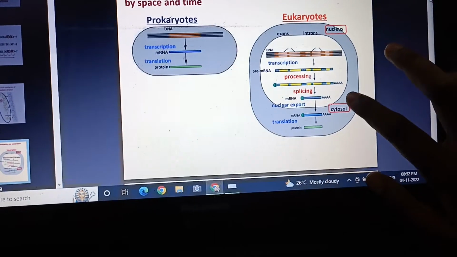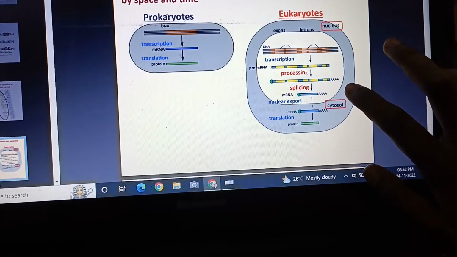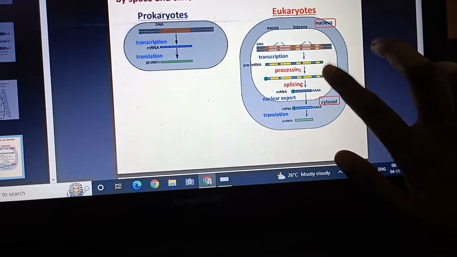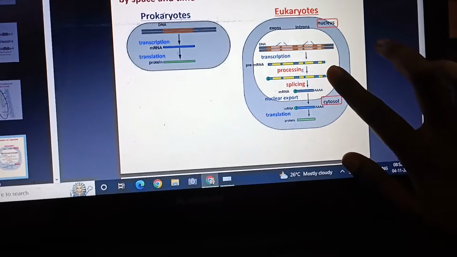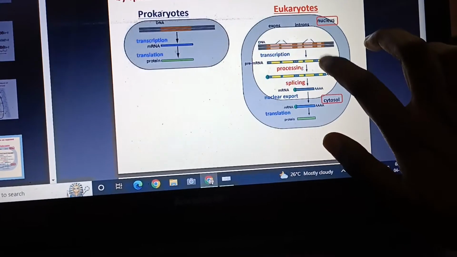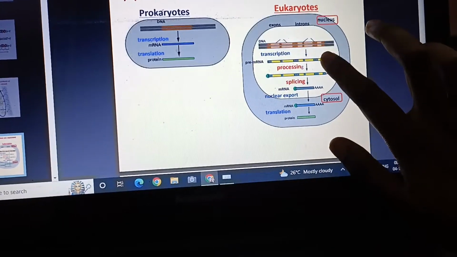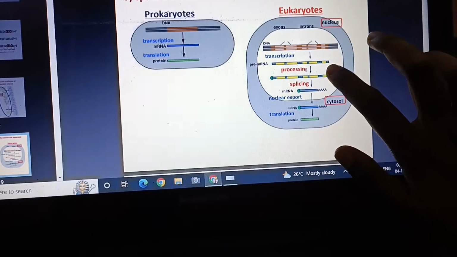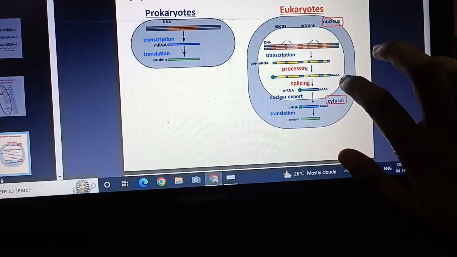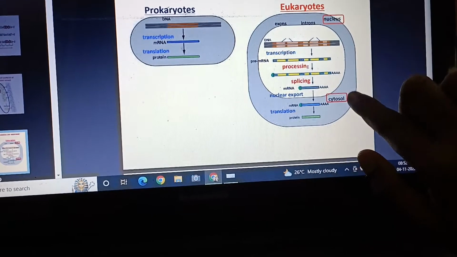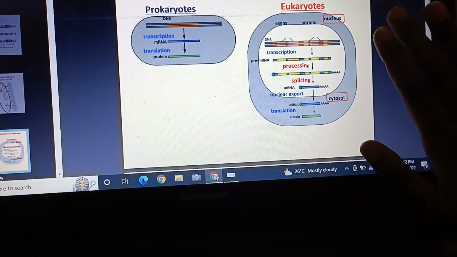Here your translation takes place, and here your transcription. Inside the nucleus only the transcription mechanism is present. Outside the nucleus your translation happens.